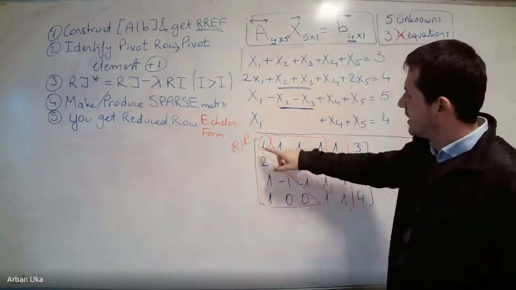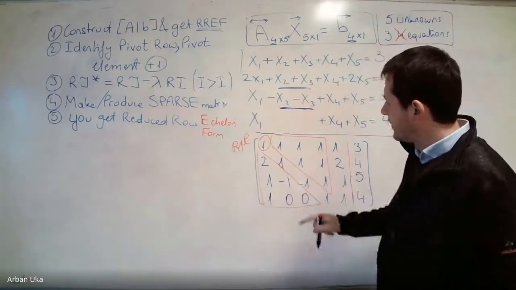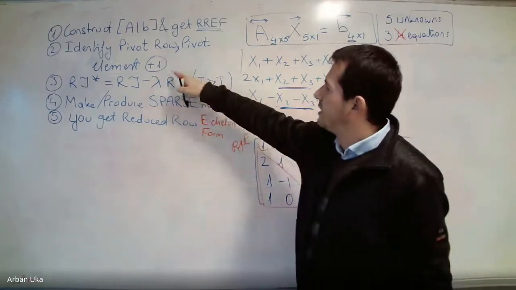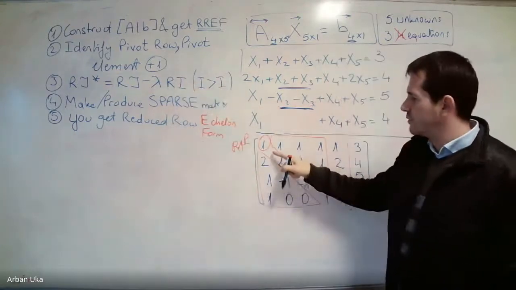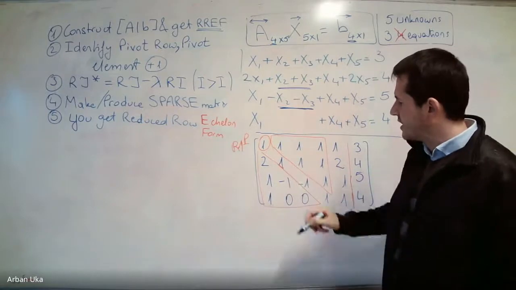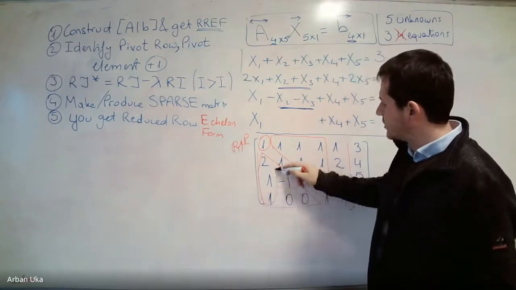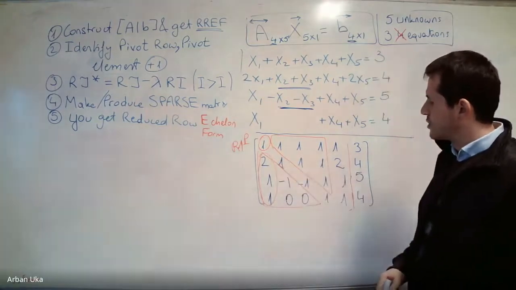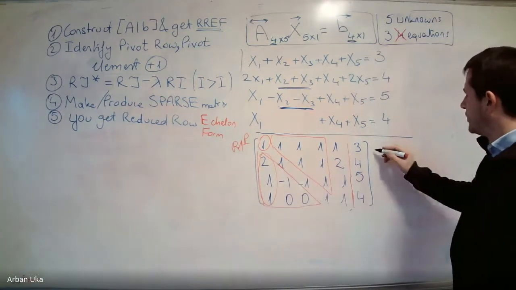So initially, if we have row 1 as a pivot, we check whether this value is +1. Luckily for us, this is already +1, and the next step is that we want to make these zeros. So we start first by making zero this, and this. So how can we do it? We can write the following.